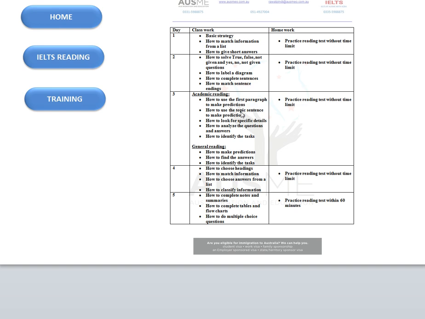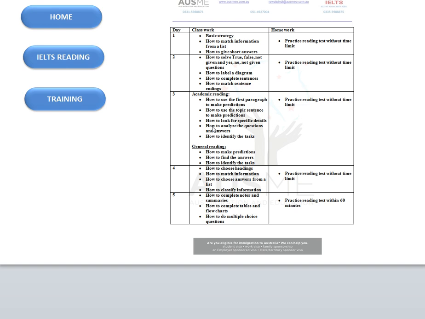So if you don't know, the topic sentence is usually the first or the second sentence of your paragraph that could actually tell basically what the whole paragraph would be about. So if you don't know, we'll specifically get into that, and we teach you that in our component in our course.